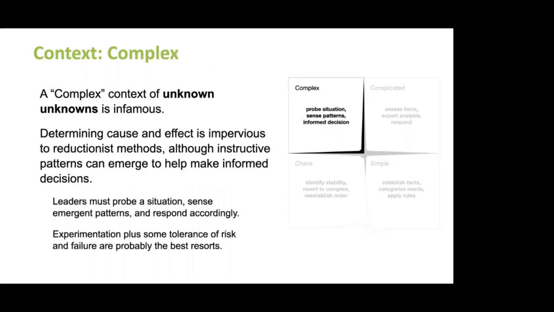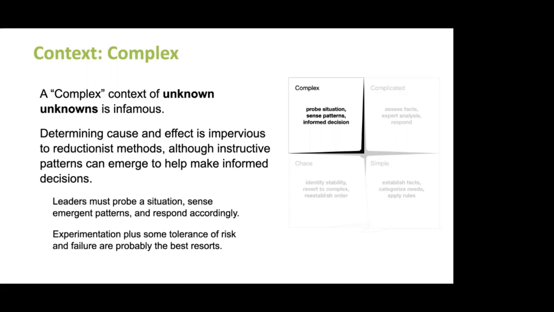And then there's the infamous unknown unknowns. If you're looking at the dates, Cynefin came out in 1999, and it was quoted just a couple of years later by a gentleman named Rumsfeld. A complex context of unknown unknowns is where, frankly, reductionist methods will not work to determine cause and effect.